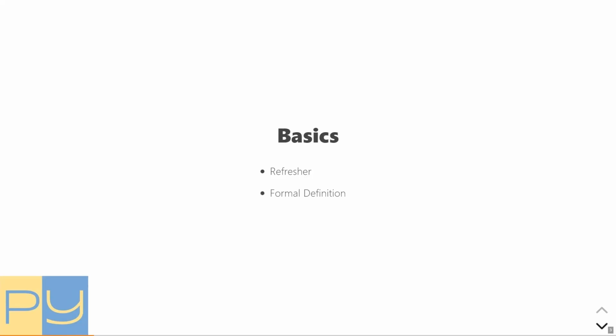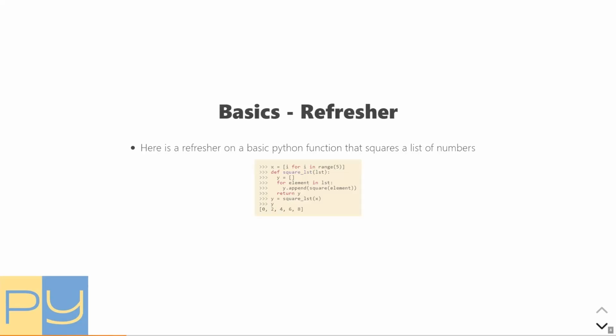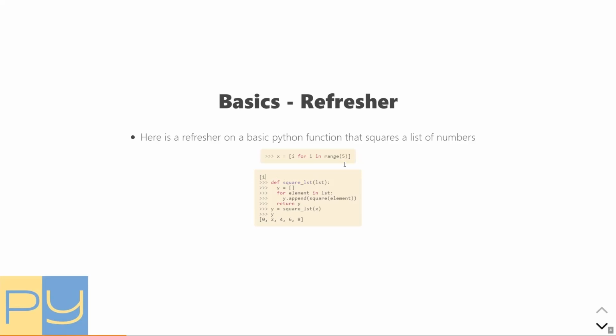Okay, so to begin, let's just recap what a basic function is and understand some formal definitions associated with functions. Here's a function that takes in a list of numbers, specifically the numbers from the range 0 to 4. So you have this list as x, and then we pass it into the square_list function, which creates a new list, and for every element within this original list, it iterates over each of these elements and squares each of them.